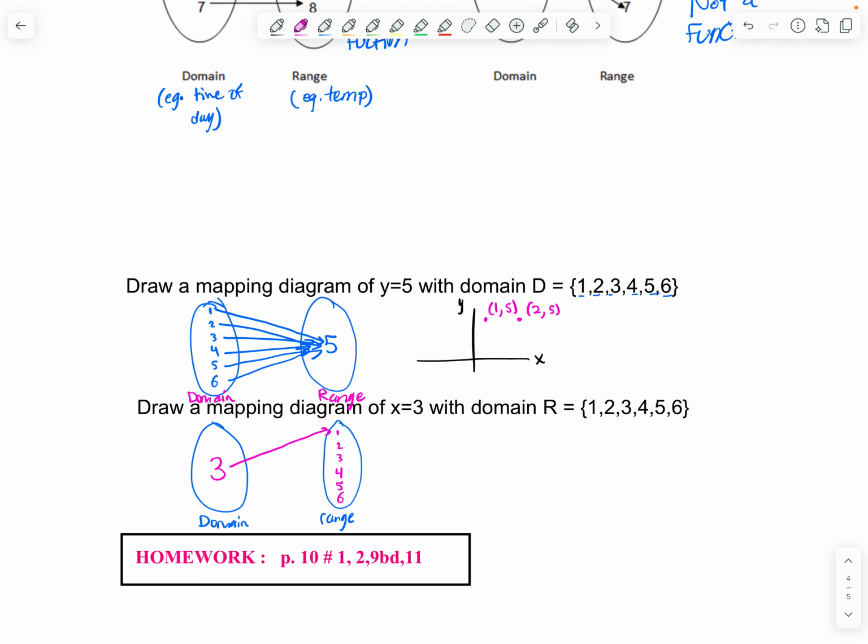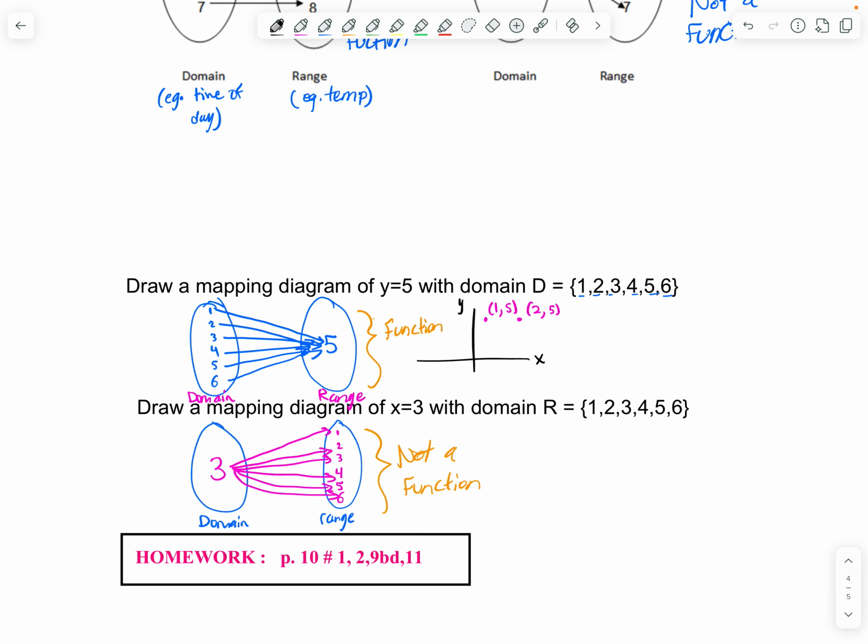So a single input of 3 can have multiple outputs. So this is clearly not a function, but I still am able to draw a mapping diagram here. This one would be a function. That's okay. This one would not be a function.